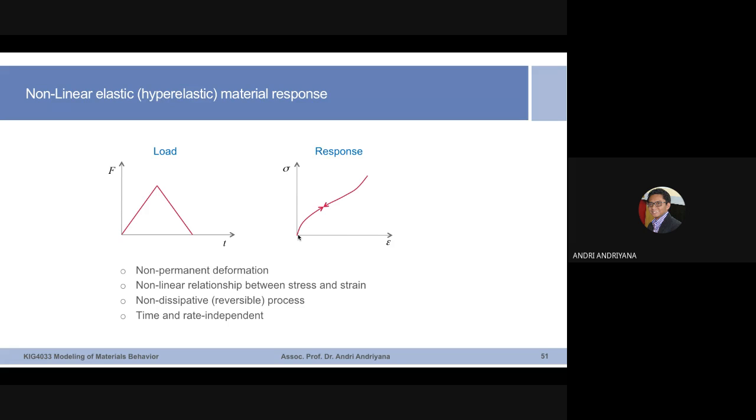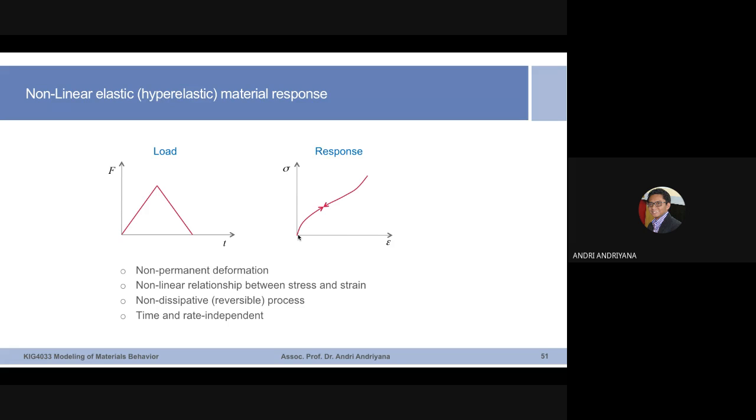Also, if you do the test one by imposing force at the fast rate, and another one at a relatively slow rate, and you still have the same curve, it means that it does not depend on the time, it does not depend on the rate. It is called as time and rate independent. You only have one curve here.